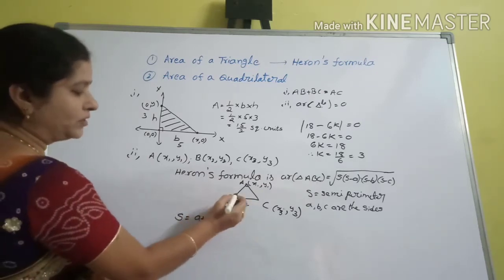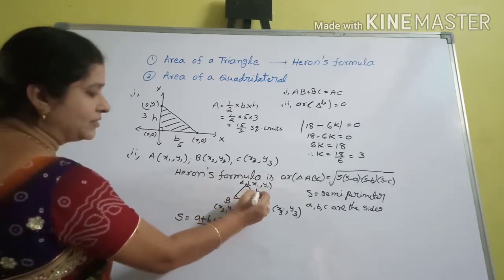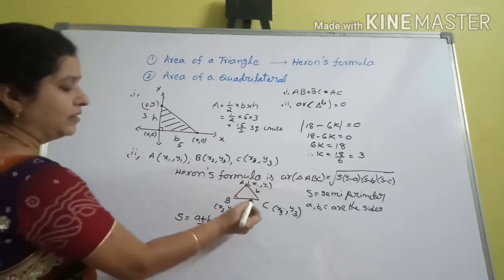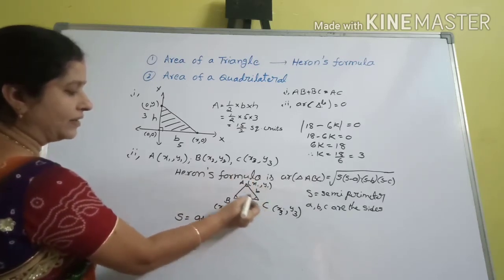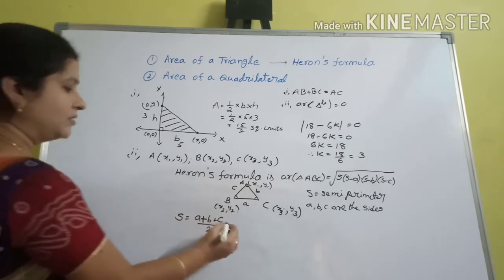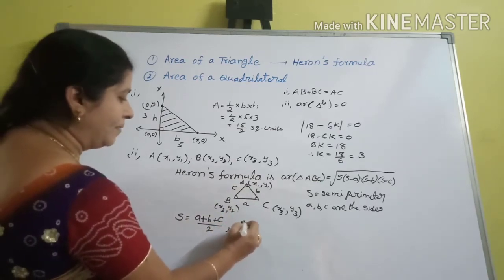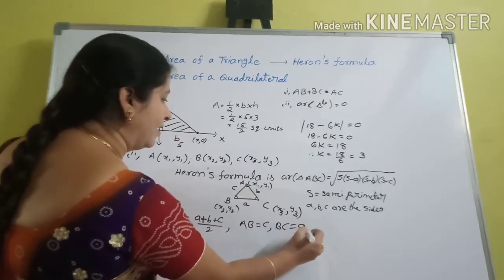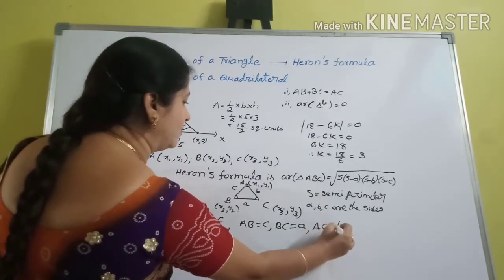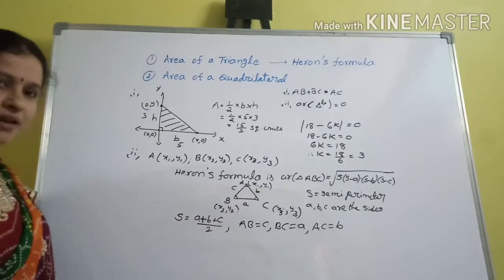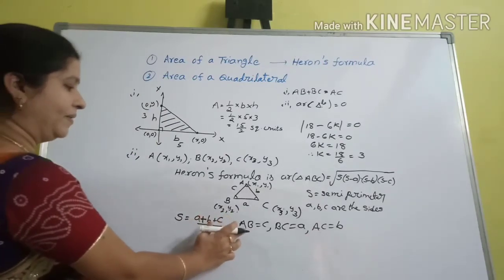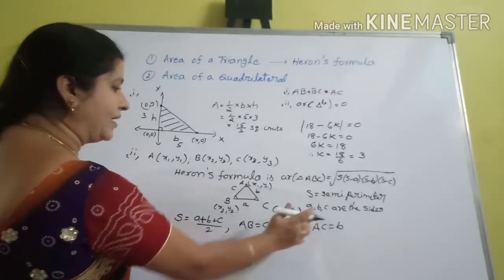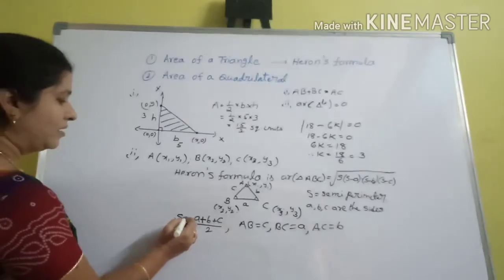The side opposite to the vertex B is small b. The side opposite to the vertex C is small c. So here AB equal to c, BC equal to a and AC equal to b.